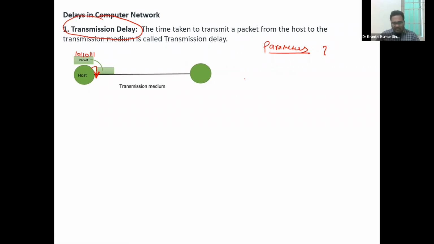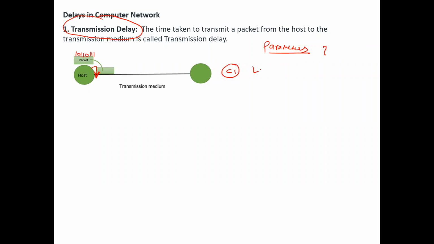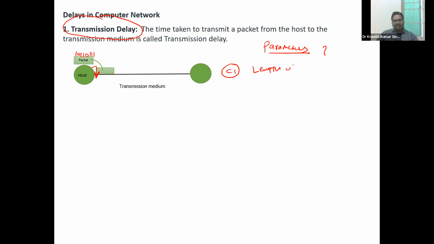Okay, the host itself. Okay. Case 1, the length of the packet is maybe 1000 bits. Case 2, the length of the packet is 100 bits. Among these two cases, in which case is transmission delay more, and in which case is it less?